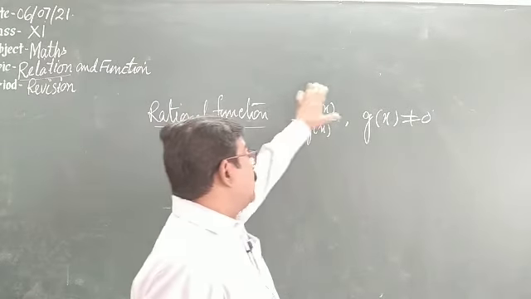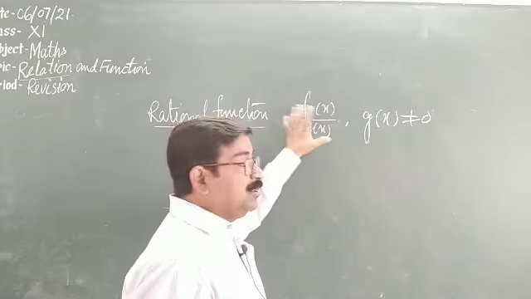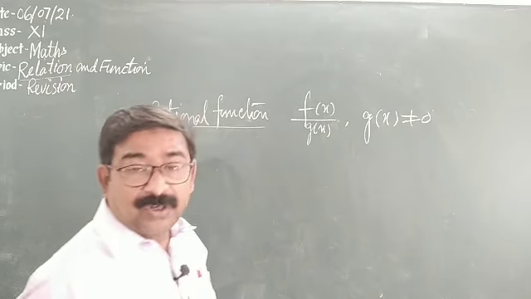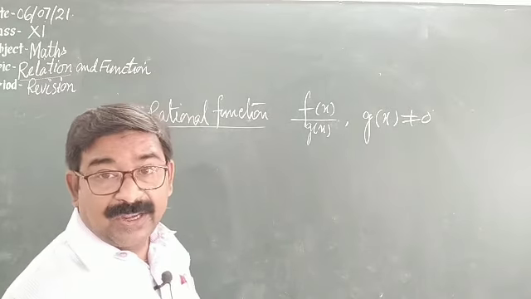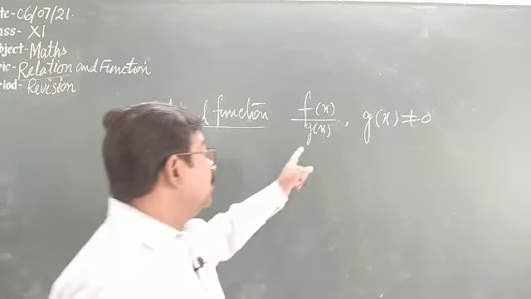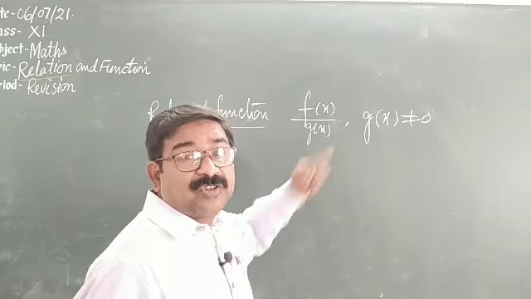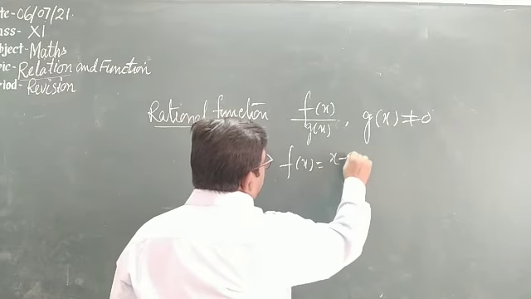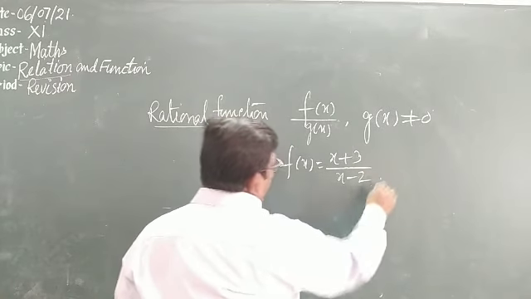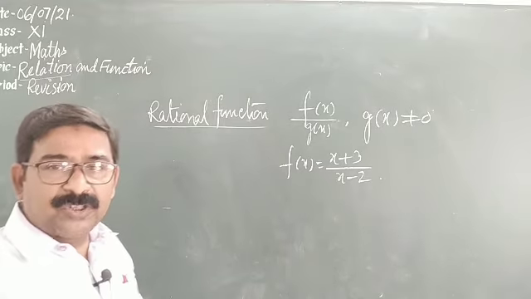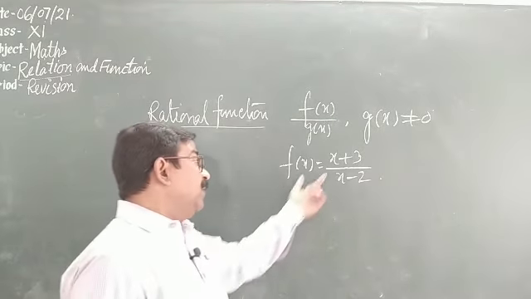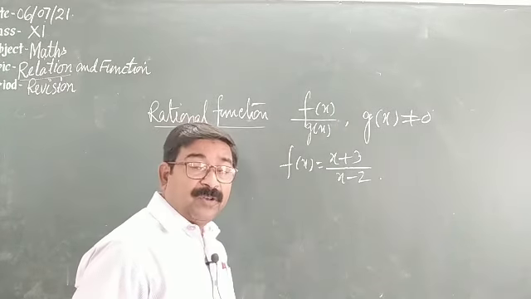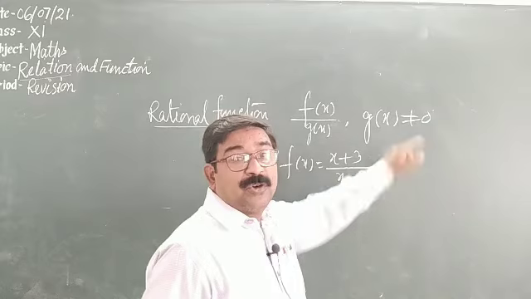But when we write it in the form f(x)/g(x), it is a rational function, so g(x) must not be equal to 0. Since g(x) is a polynomial function, its domain is all real, but excluding the roots of that function. For example, suppose you are given f(x) = (x + 3)/(x − 2). Both are polynomial functions, so individually their domain is real, but since it is a rational function, the denominator is not equal to 0.